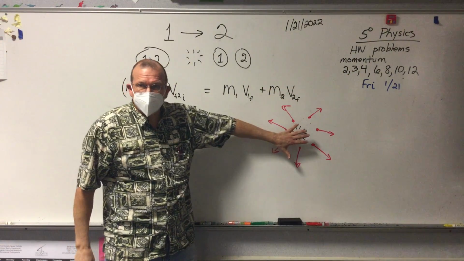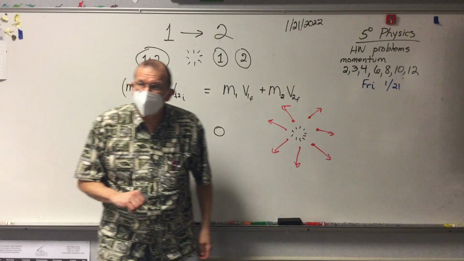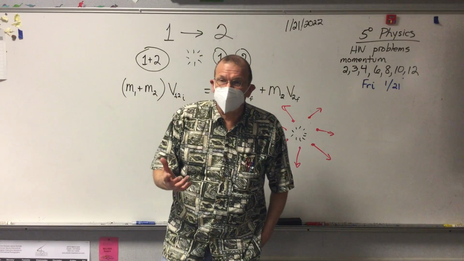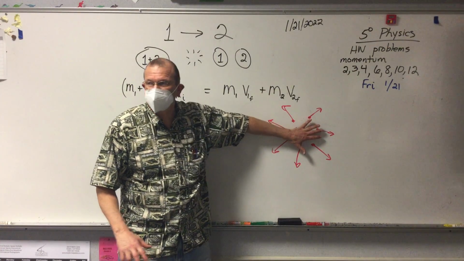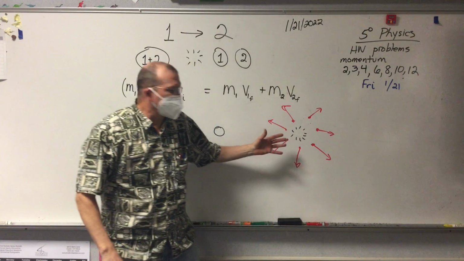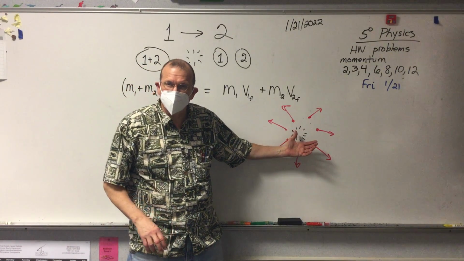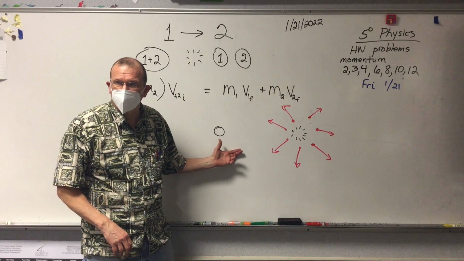But that's the idea you want to remember about an explosion, because most of the time when you think of an explosion, people think of this part of the explosion. They're like, oh, everything gets shot outward. But if the thing that was exploding was just sitting there before the explosion happened, it actually has no momentum whatsoever.